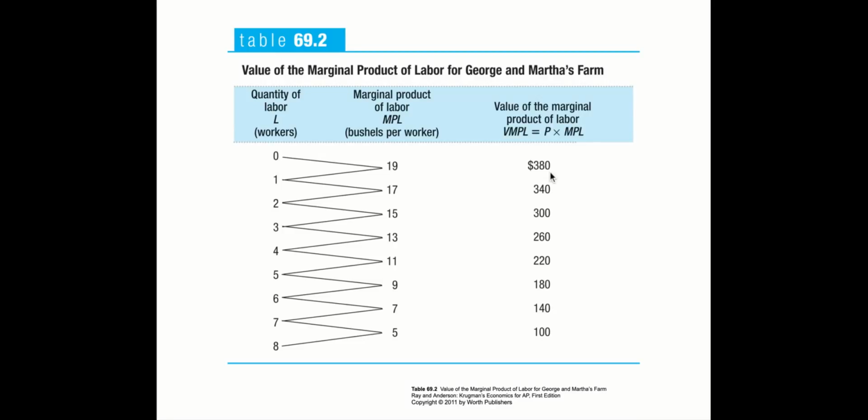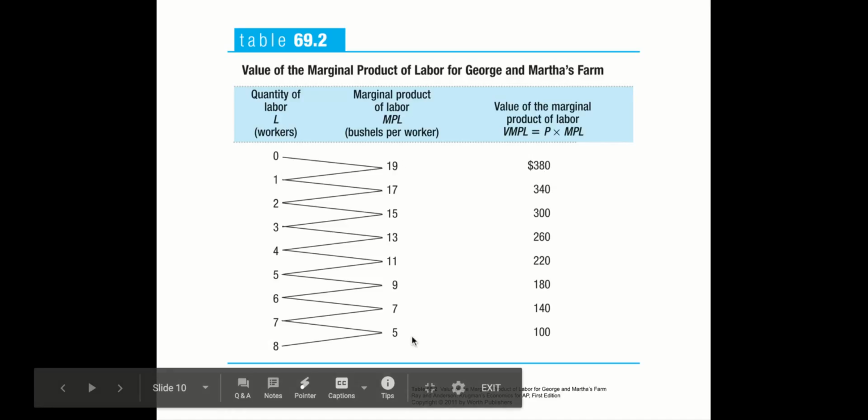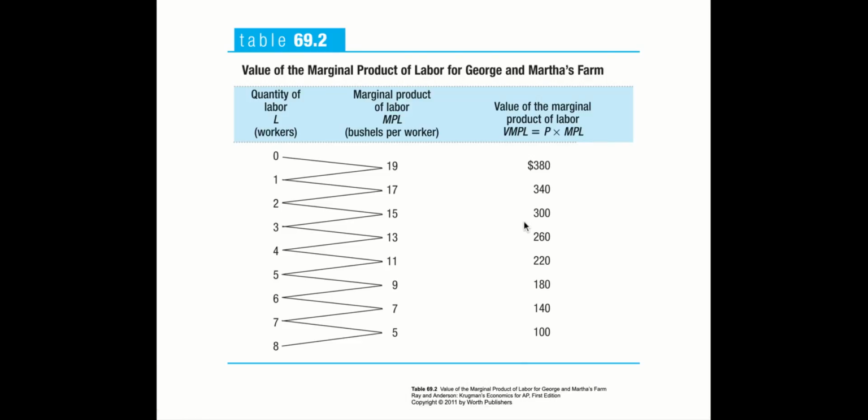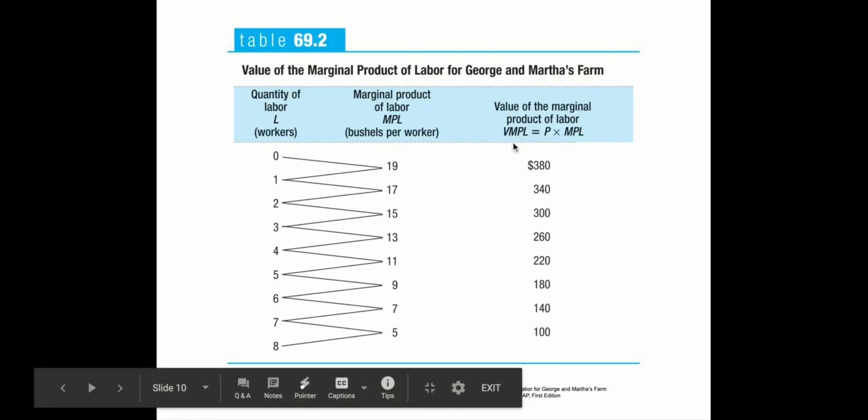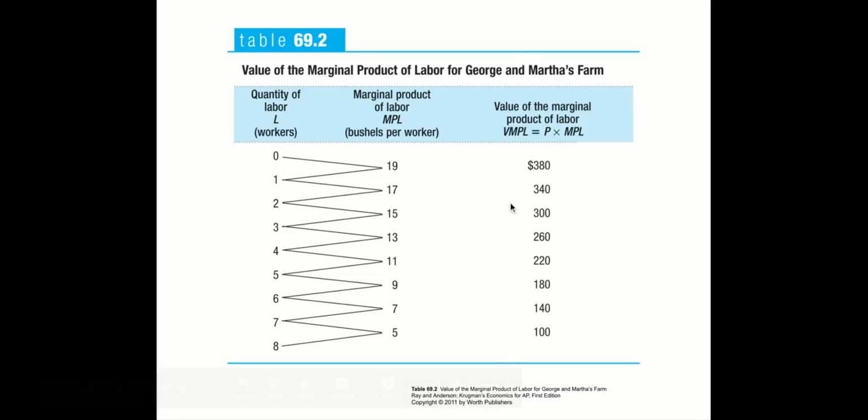They'll always give you the price. This is a perfectly competitive market, so it's always going to be $20 for every bushel of wheat. You can see what the value is for each of those workers, and that's what's shown in this column. This is what we compare wage to when figuring out exactly, should I hire this worker or should I not?